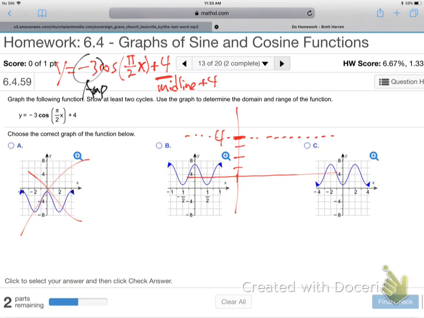Amplitude. And the negative means it's going to be upside down, but it'll be 3 above and below. So go 3 above, up to 7, 3 below, down to 1. So it goes 1 to 7, doesn't it? So there's my box, 1 to 7.